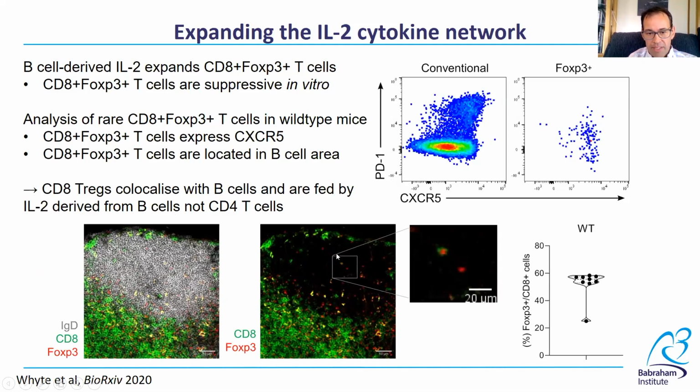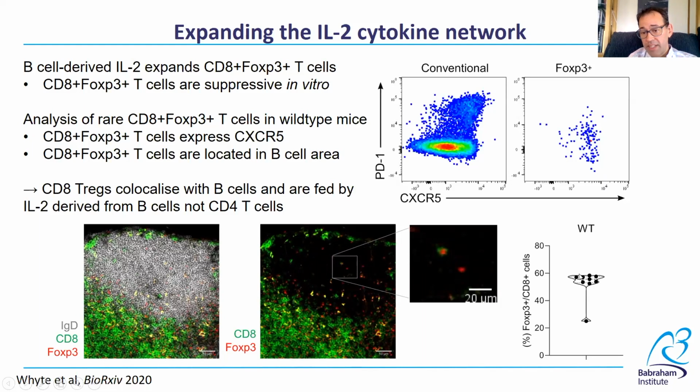And there are not many CD8s in here because, of course, most CD8s are in the T cell zone. But if we do home in on the CD8 cells that are there with the green outline, so they're expressing CD8, and then inside they're expressing FOXP3. So these are the FOXP3 positive, CD8 positive cells, and they're located in the B cell zone.